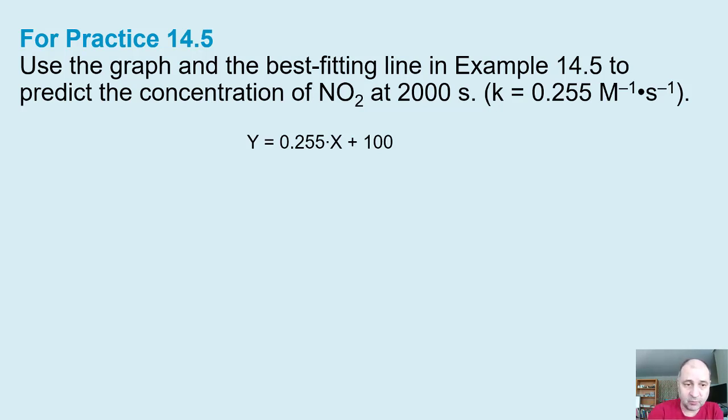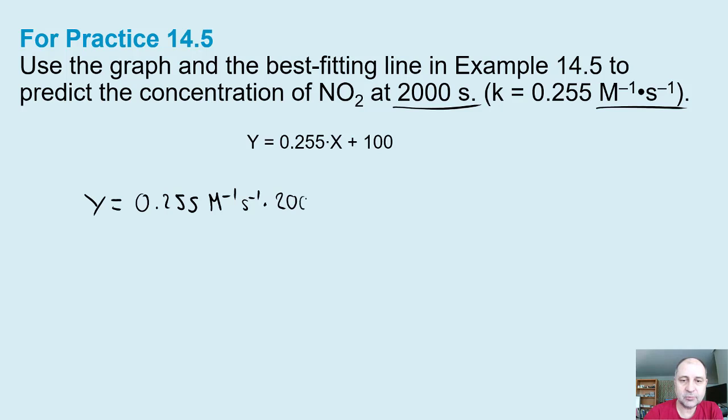And so we'll just say that y equals 0.255, and that's k here, and I'm going to put the units in, per molal per second, times x, which is t, or 2,000 seconds, plus 100.